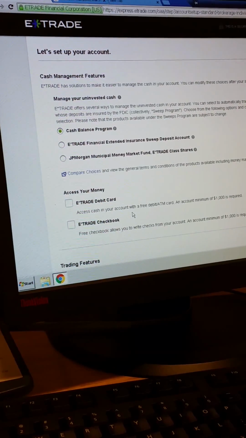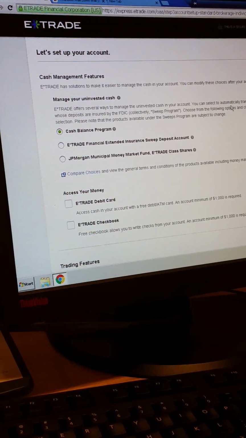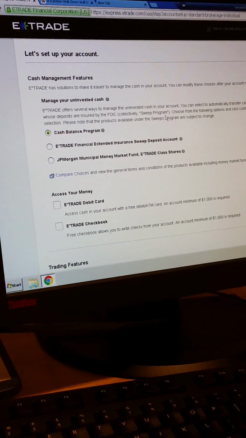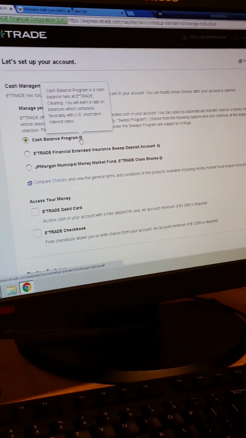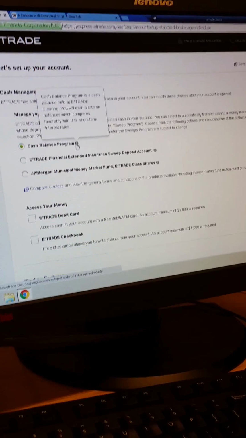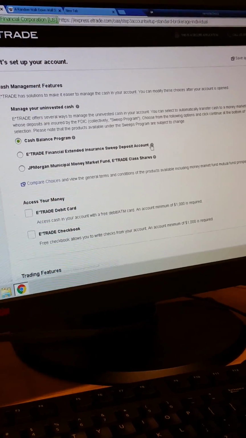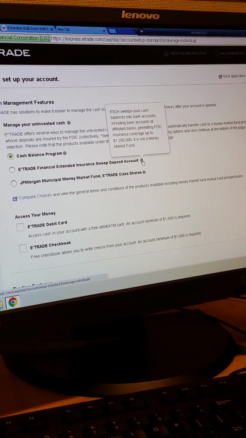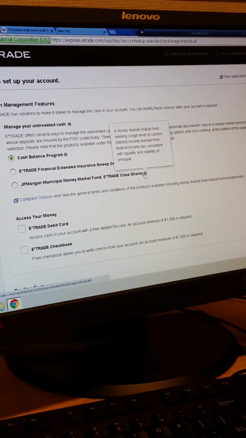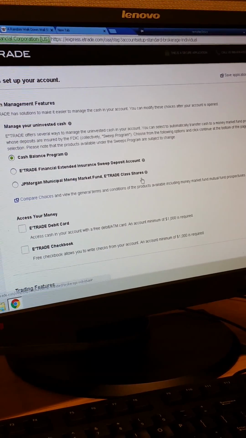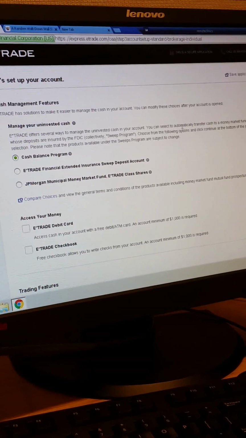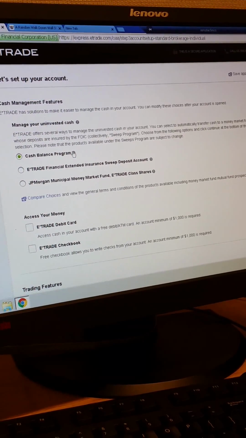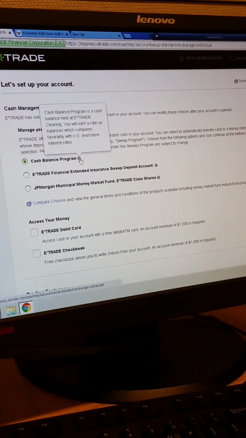Okay, cash management futures. So what should I do with uninvested cash in my account? I mean, what they're saying seems favorable, seems reasonable on first glance. I haven't really understood the terms yet, though. So which one should we go with?